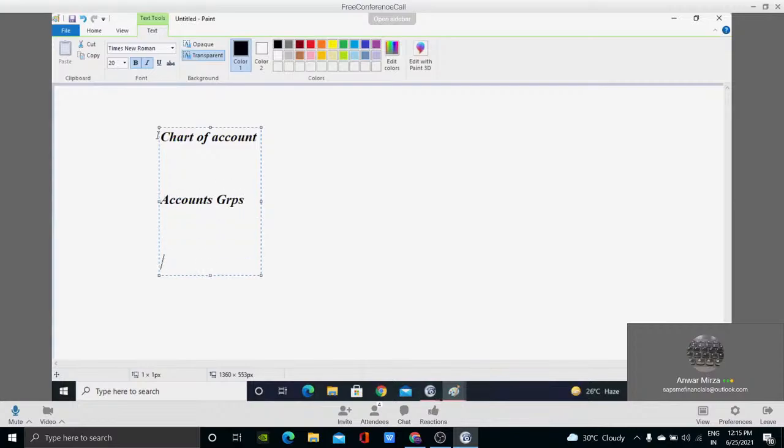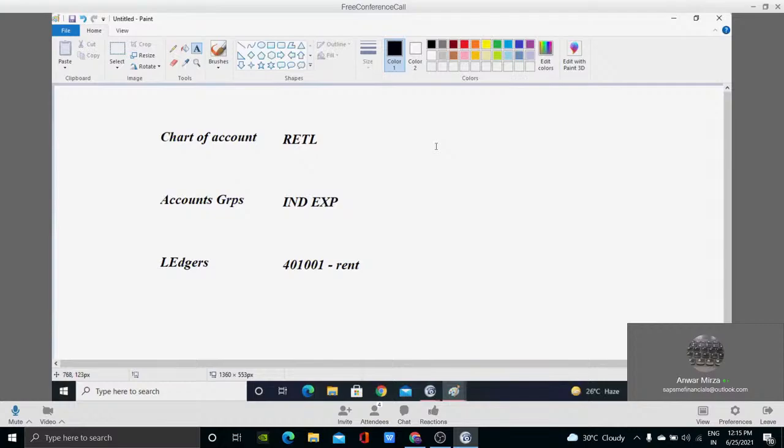Under account groups, you have to create ledgers. Got it? Here my chart of accounts is RTL. Under that, my group is indirect expenses. As an example, I am taking only one. Now under this, I am creating ledgers. Are you getting it?